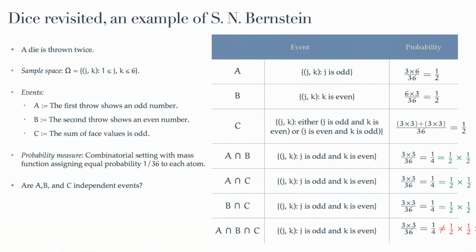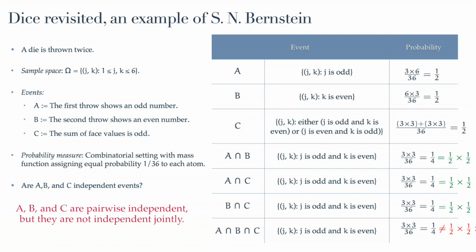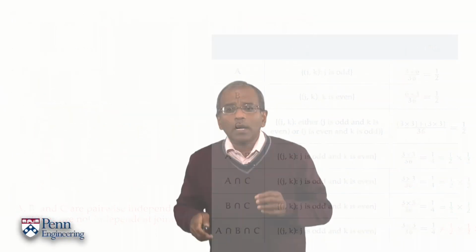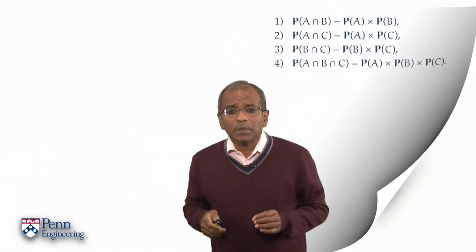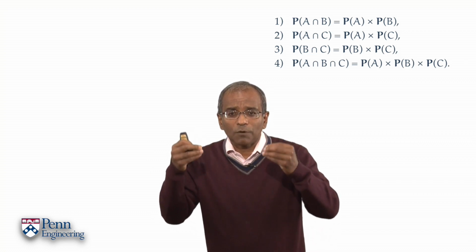What we have discovered is A, B, and C are pairwise independent, but they are not independent jointly. When we say independence, when there are many events floating around, we'll always mean jointly, and we'll drop the descriptor. So, the moral of the story is that independence is a rule of 4 properties when we are talking about independence of 3 events.